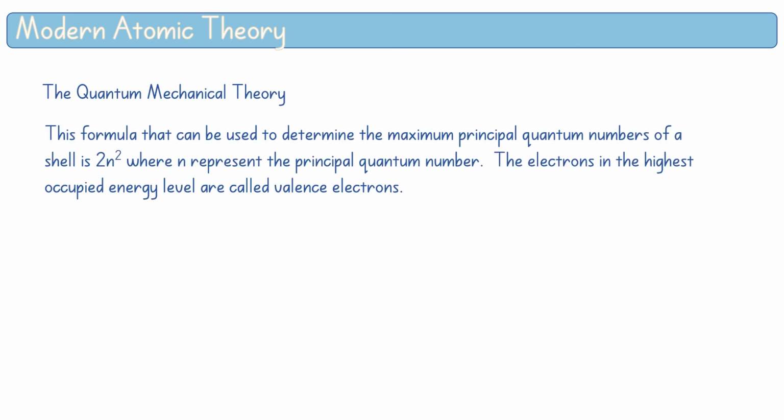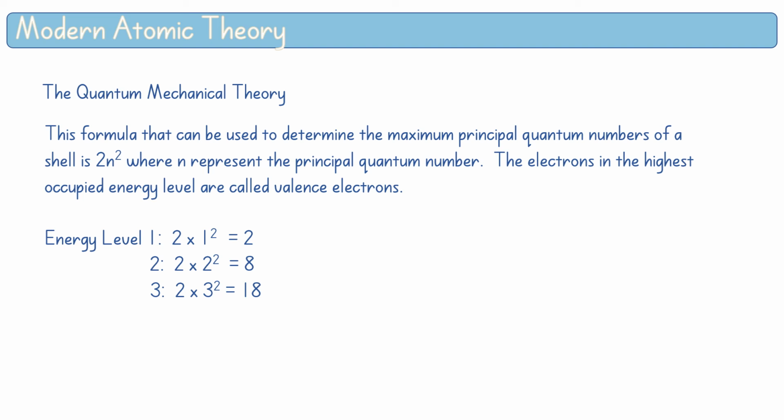Now let's take a closer look at the quantum mechanical theory. This formula, 2n squared, can be used to determine the maximum number of electrons in a shell. N will represent the principal quantum number. The electrons in the highest occupied energy level are called, remember, the valence electrons.